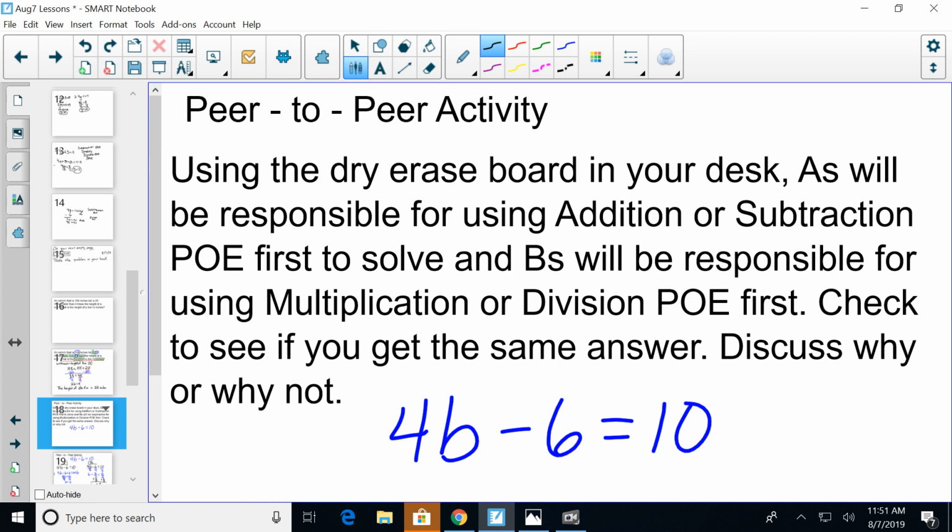No working backward. I have a question. Properties of equality. Yes. Is that the main factor? Can I multiply instead of dividing? That's what you do.